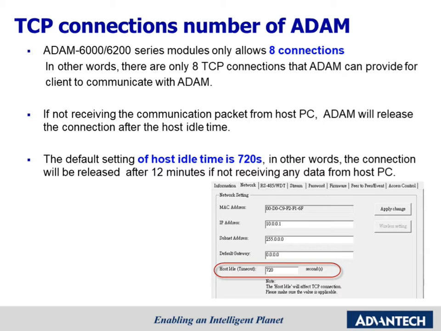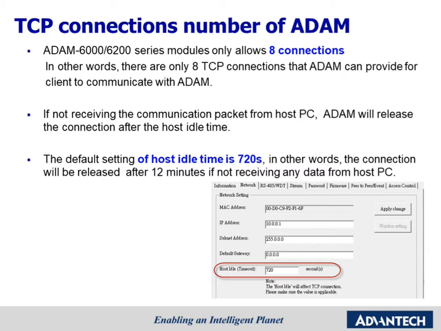This is because when accessing ADAM via the internet, the communication quality is not always 100% good, so the connection will not always succeed. If a communication failure is encountered, the connection on the ADAM-6000 series will not be released immediately. It will be released after the TCP/IP timeout. So, if communication failure happens over 8 times, the user cannot connect to the modules anymore.